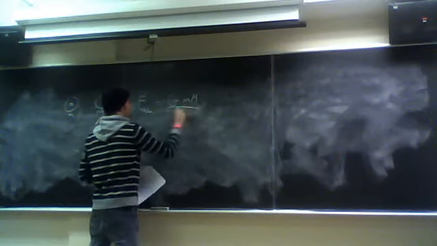All you have to remember is that if you have two bodies, A and B, of mass M and M, the force of A on B, or of B on A, since they're equal and opposite, is just going to be G, big G, the gravitational constant, times the mass of one, times the mass of the other, divided by r squared, which is the distance between their centers.